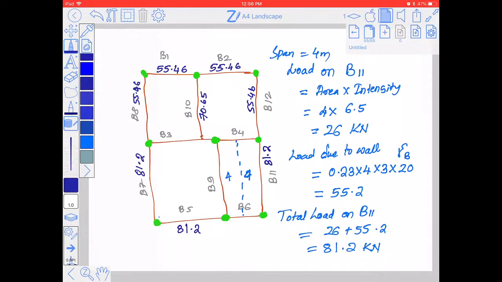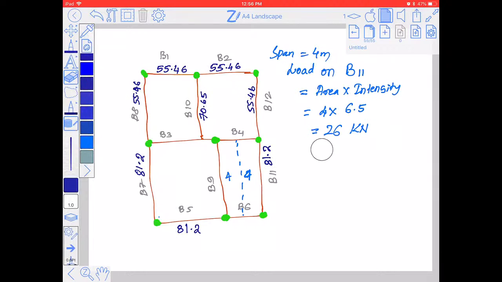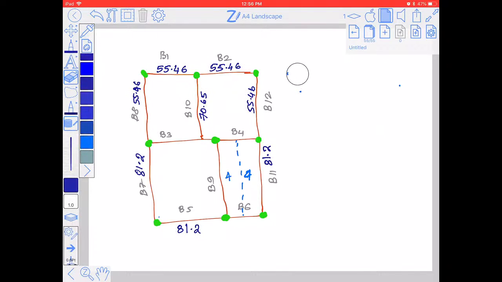Next I need to find out load on B6. Is there any load on B6? B6 is also remaining. Can you tell me which load is acting on B6?